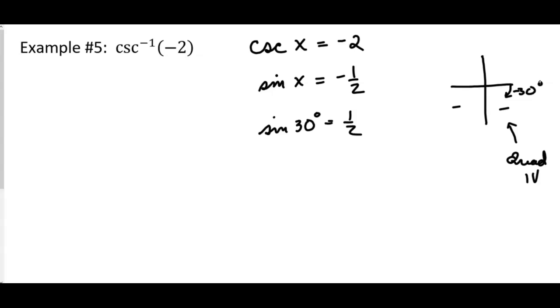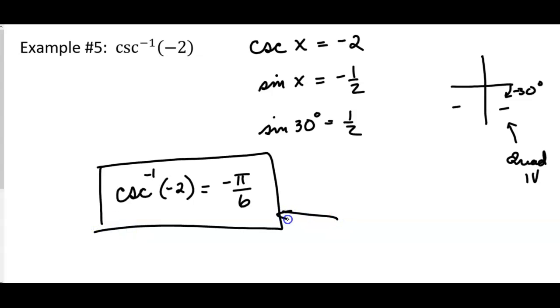I'm going to go with radians. So it's going to be -pi/6. So I'm going to say the inverse cosecant of -2 is going to be -pi/6. Okay, and I'm going to stop it there.